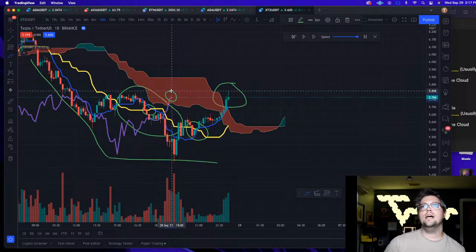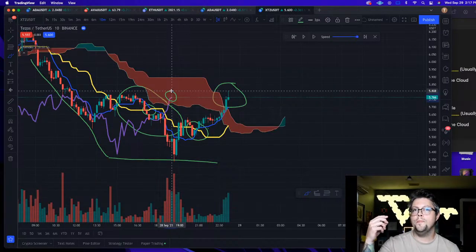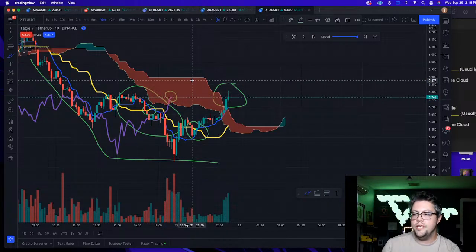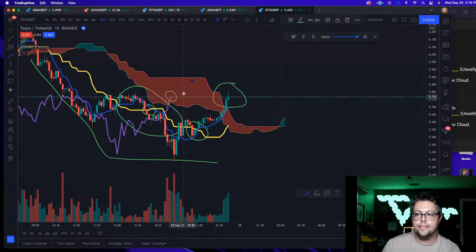Last night, if you were watching the market, you noticed there were these bursts of volume just happening. Sideways, burst, sideways, burst. I noticed those bursts seem to be happening more inside the cloud.